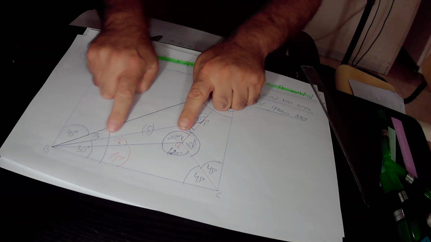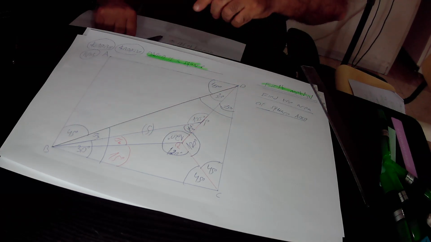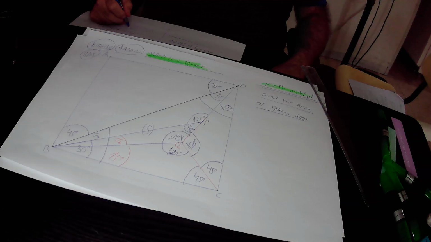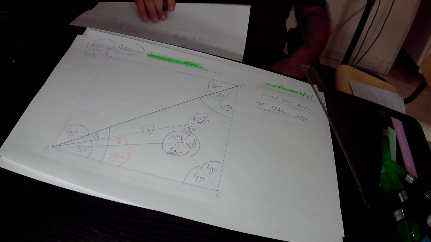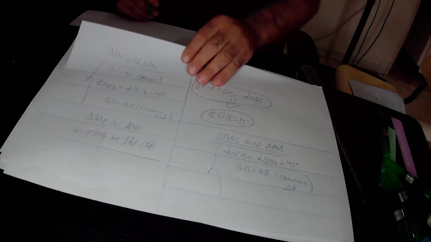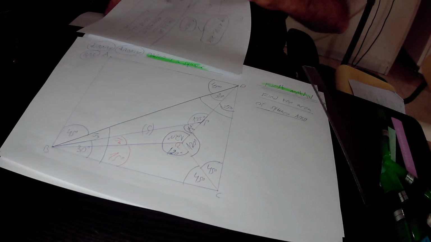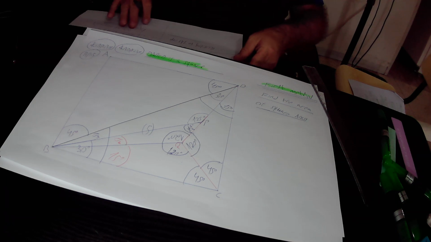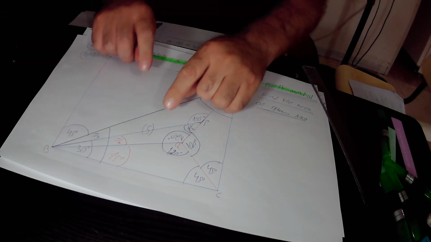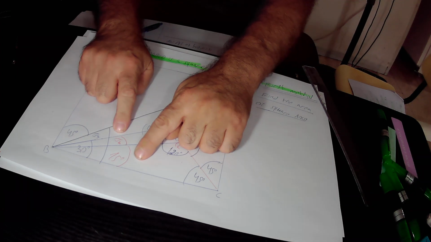So QB is a common side that belongs to both triangles. Side QB equals itself. And finally, those two angles are both equal to 15 degrees and therefore they are equal to each other.